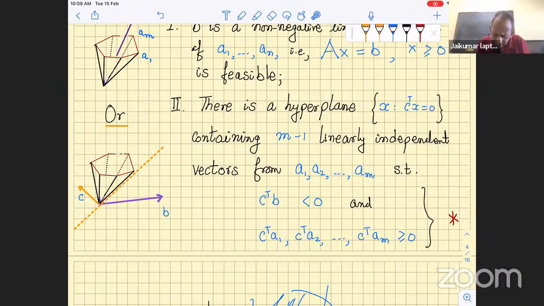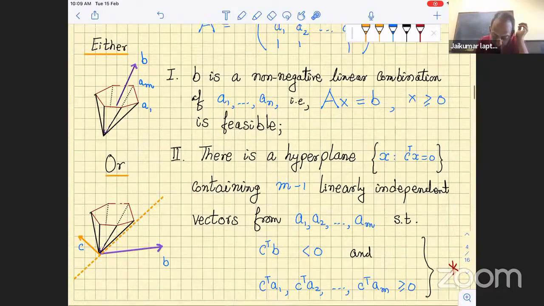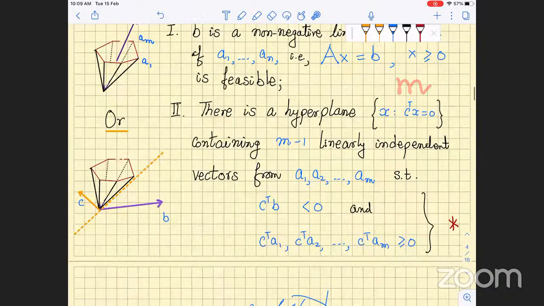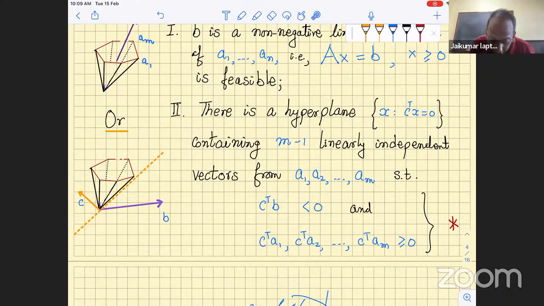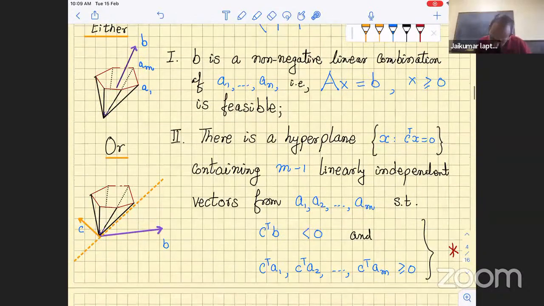Sorry, I'm a bit confused. So n is the rank of these vectors, right? What is the M rank? M is the rank. So there are n vectors, and you are saying just from the first n vectors I can find a separating hyperplane. Is that right? Sorry, this n is wrong.